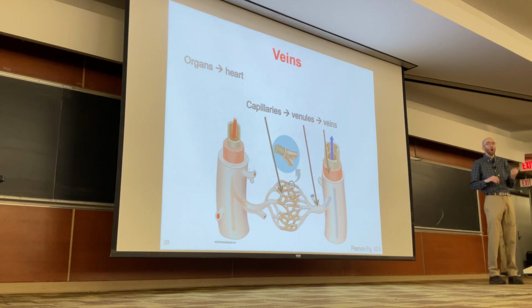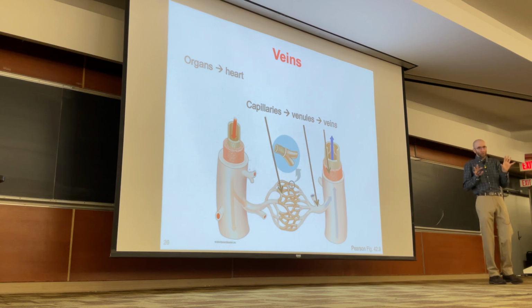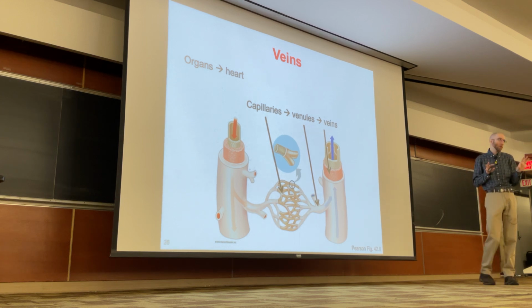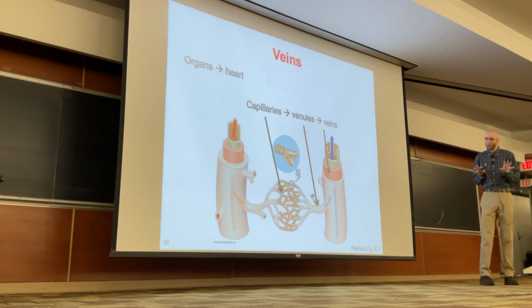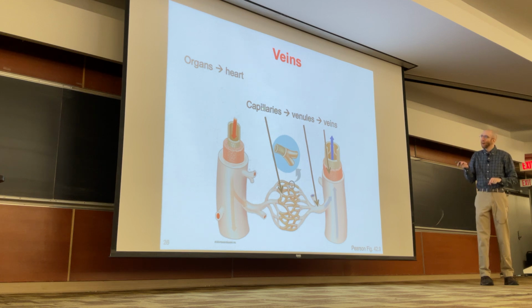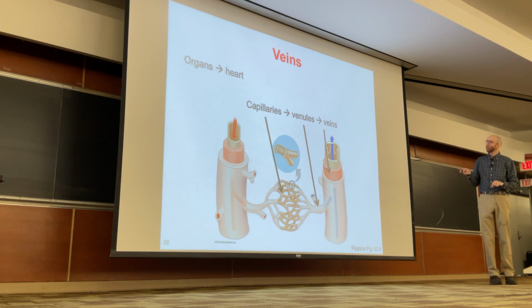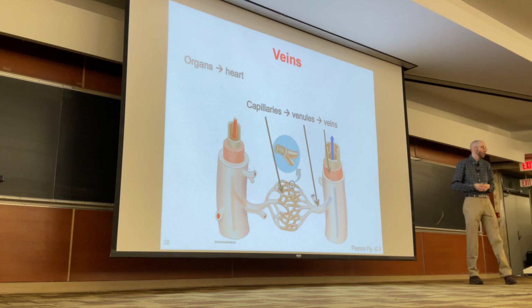That also means arteries are under high pressure, veins are under low pressure, which means that the structures of the two are very different, as I showed you a few minutes ago. That's the distinction that I want you to have. So from your capillary bed, those very small vessels are going to coalesce into venules, which are going to coalesce into large vessels called veins, which will bring that blood back to the heart.